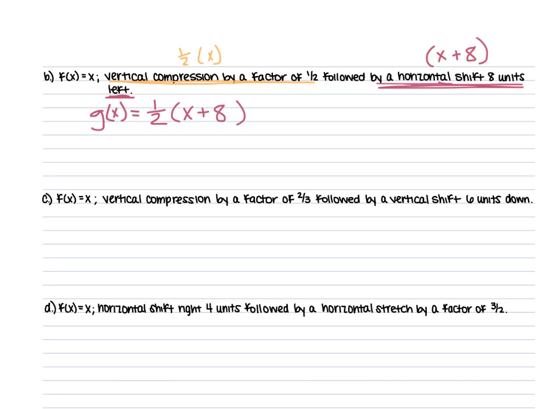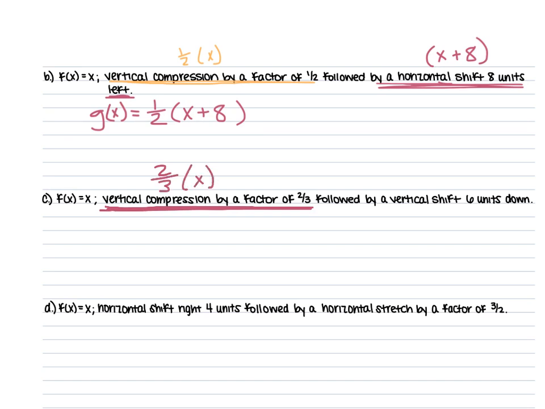All right, for C, we have a vertical compression by a factor of 2/3, followed by a vertical shift 6 units down. So what happens with a vertical compression by a factor of 2/3? We multiply by what? 2/3. 2/3 on the inside or outside? Outside.